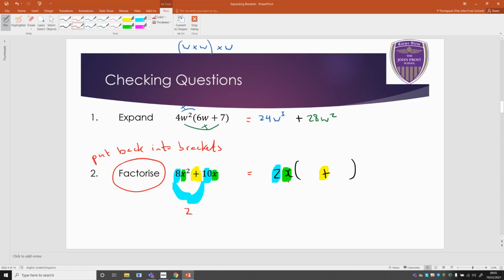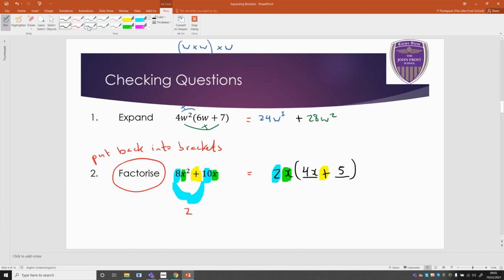See, 2 is a factor of 8 and 10. That's why it's called factorizing. Now, what's got to go here in the first term of the bracket? Well, I need another x to make the x squared. And then 2 times something is 8. Well, 2 times 4 is 8. So that should work. For the second part of the bracket, I've already got the x. No need for it. I just need 2 times something is 10. Well, 2 times 5 is 10.